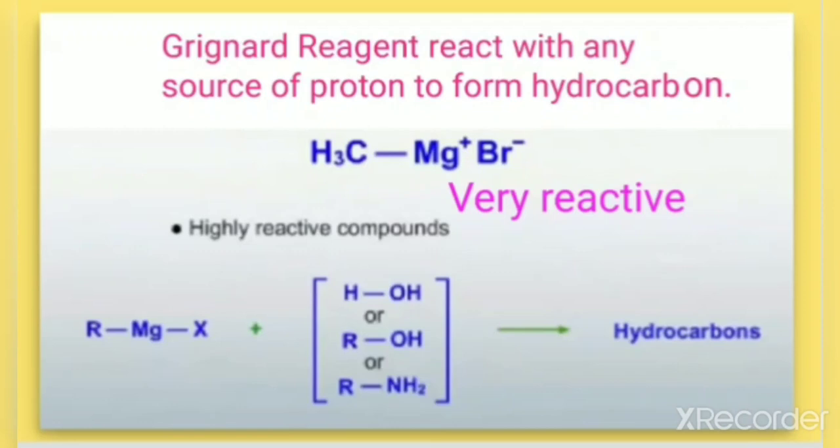Therefore, these should be prepared and used in the absence of air under an inert atmosphere. That means whenever the Grignard reagent is prepared, it should be prepared in the absence of air, that means under an inert atmosphere.